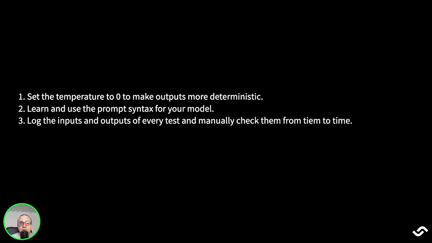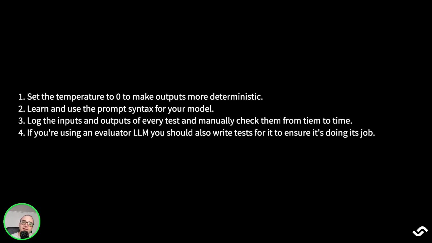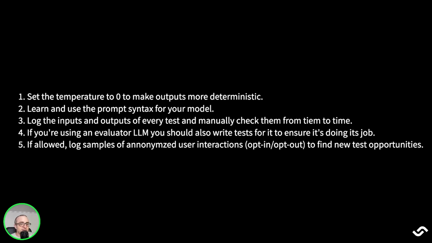During testing, we should log all the inputs and outputs and go over them manually each time, even if all the tests succeed, because there can be some cases that we missed, and we can also get ideas for more tests. If you are using the auto-evaluator strategy, you should also write tests to ensure it's doing the job, and if allowed by your privacy policy, you may log samples of anonymized user interactions. You can opt in or out of those to find new test opportunities.